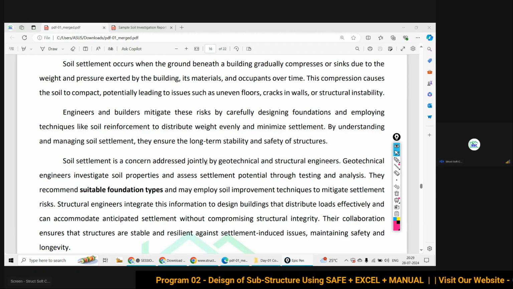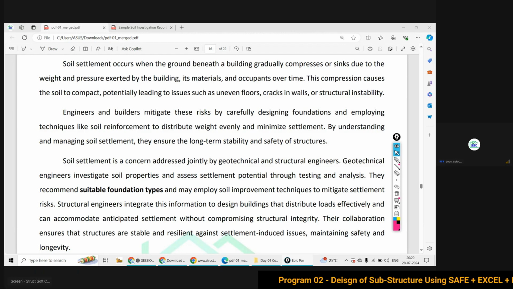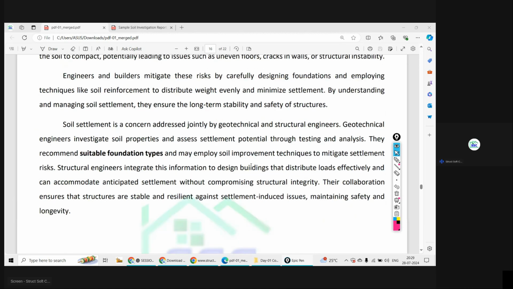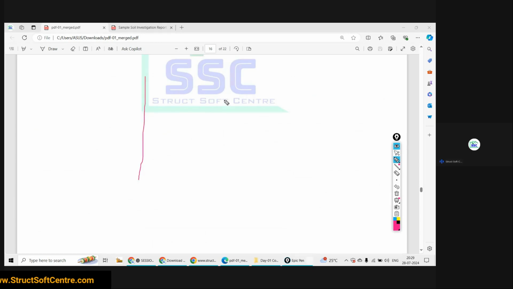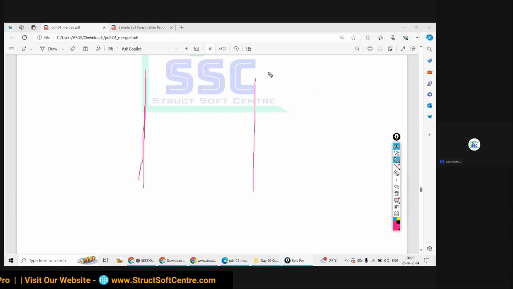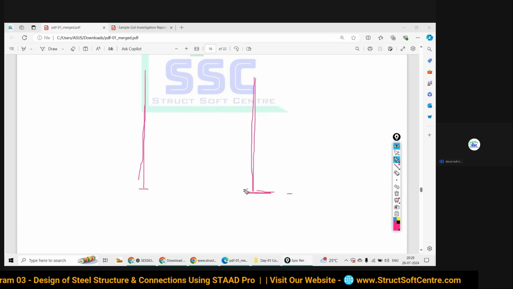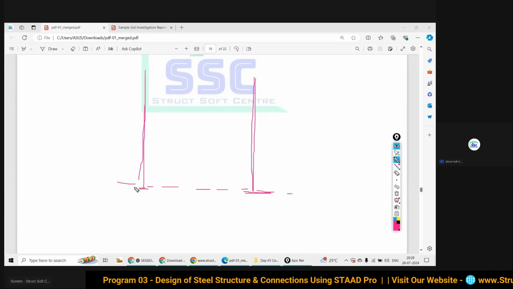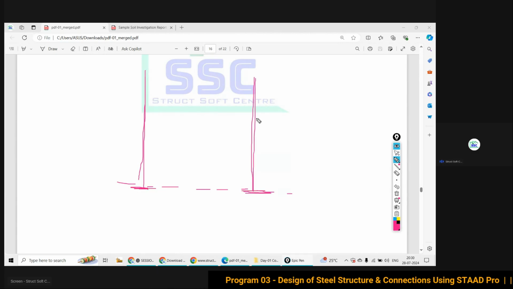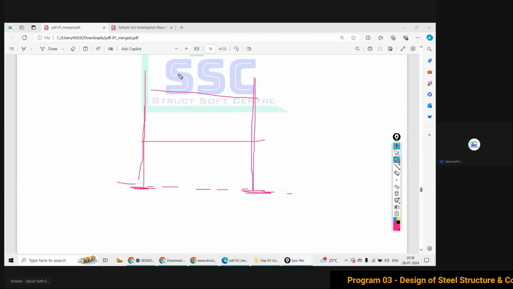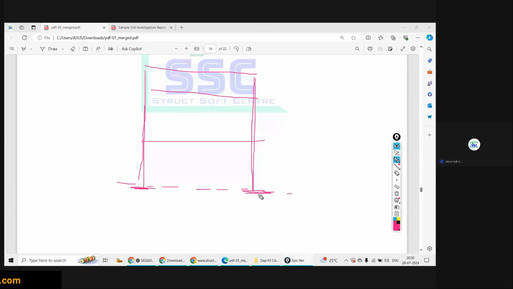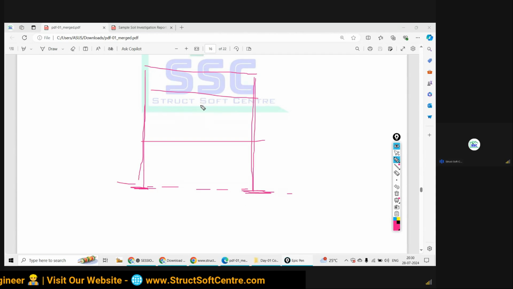But that settlement should be uniform. If your entire structure is going to settle uniformly from the base level, suppose the base of this building here and here, with the connected beams, columns and floors, and the soil fails to resist the load coming, this building will get settled down.